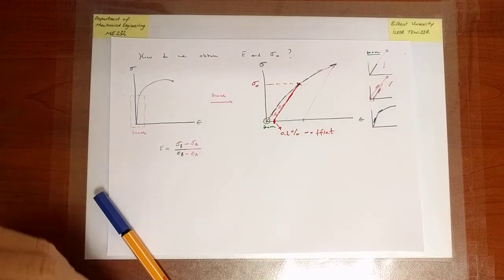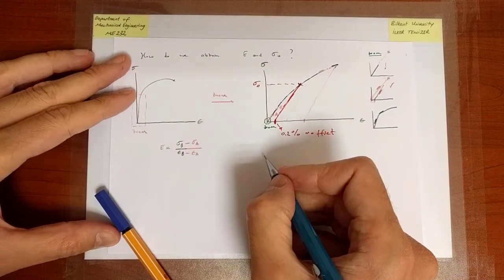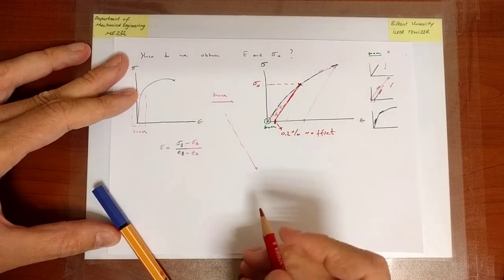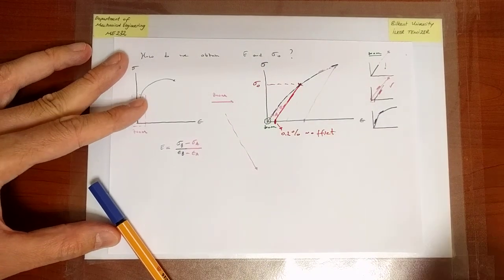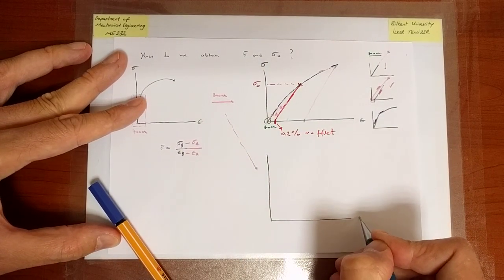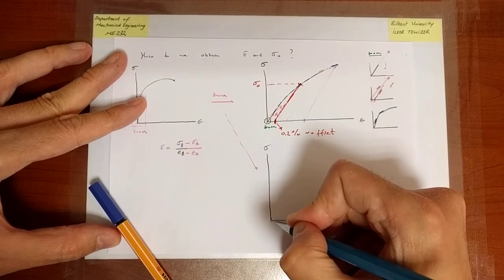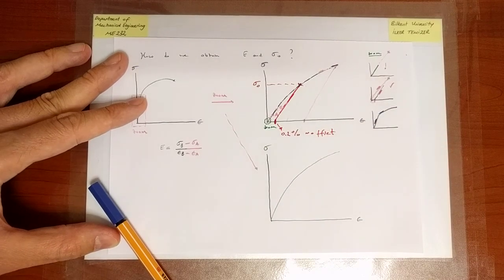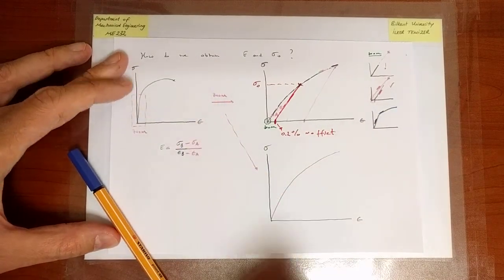Okay, so let me again draw the same thing. So this is the stress strain curve, the zoomed portion.